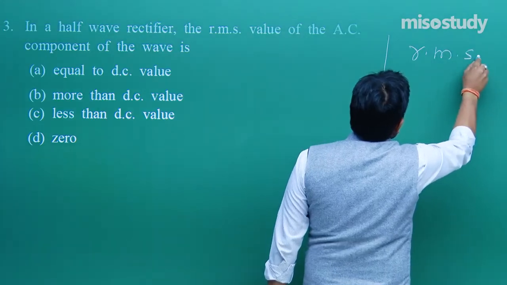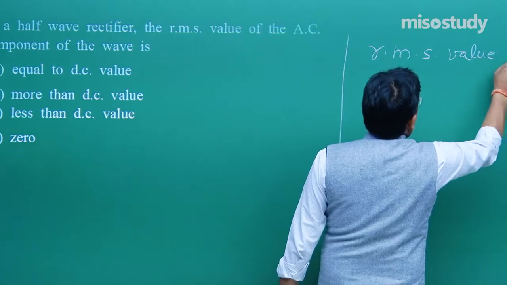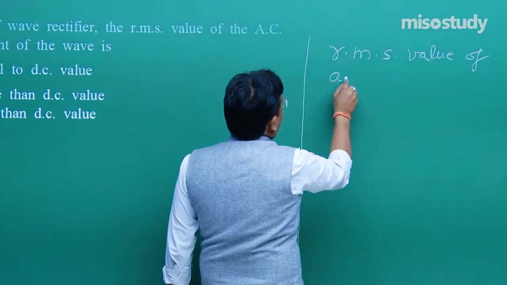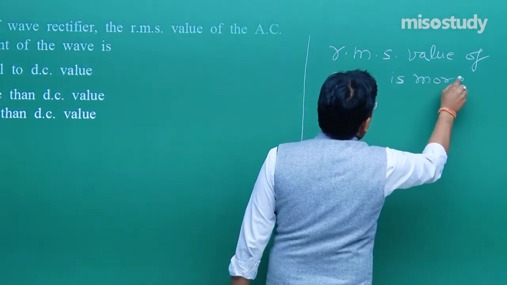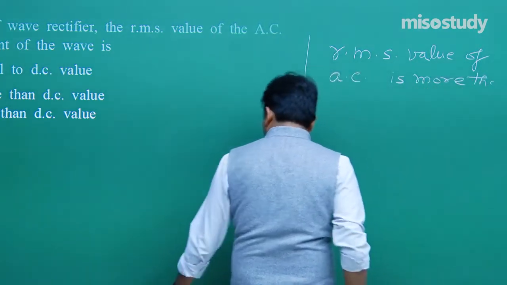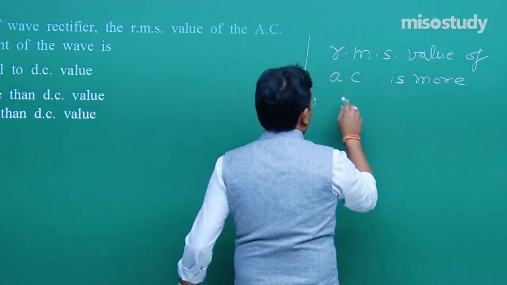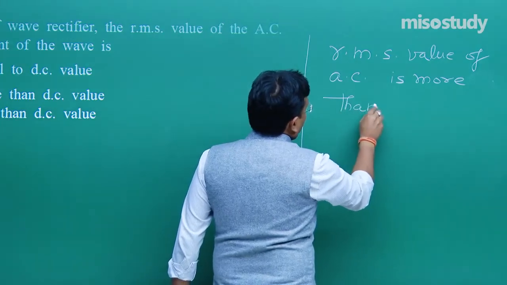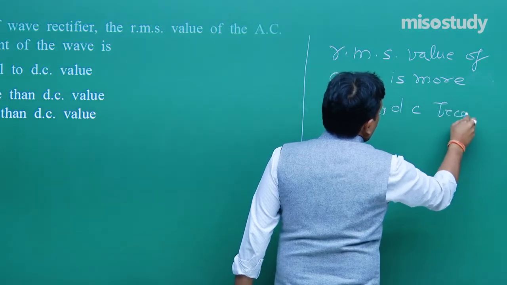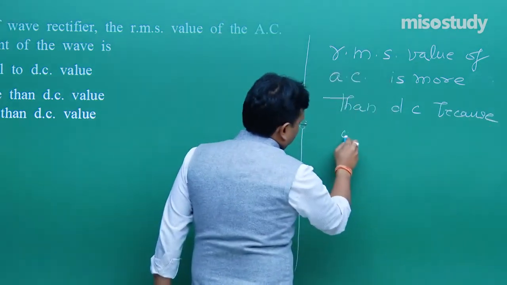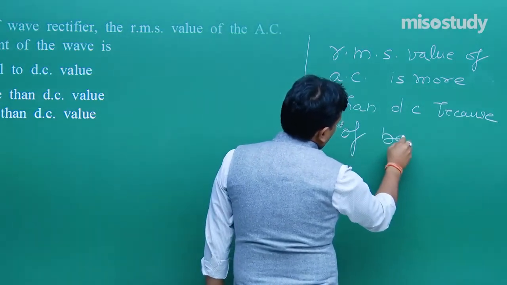RMS value of AC is more than DC because of barrier voltage.